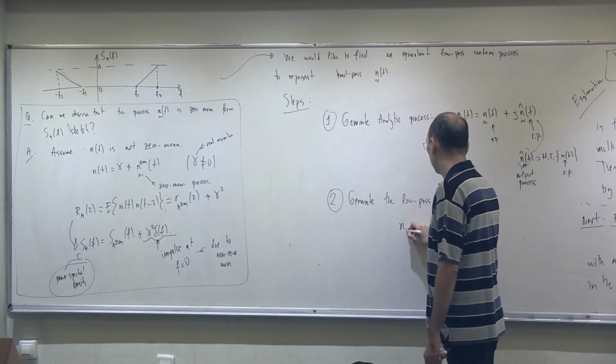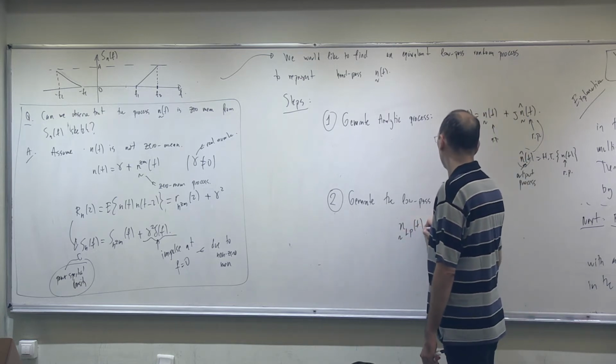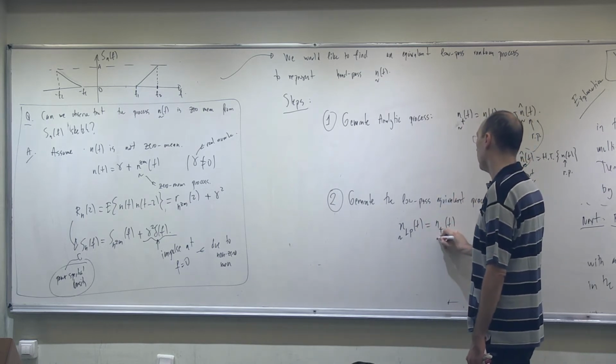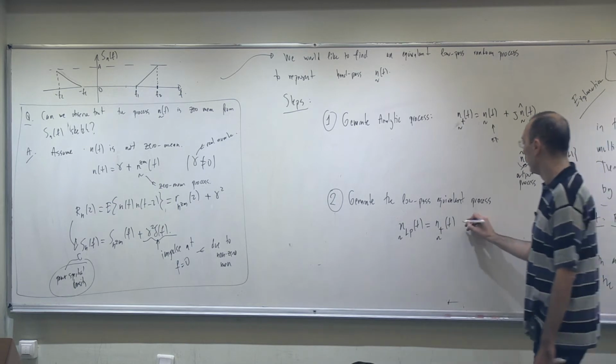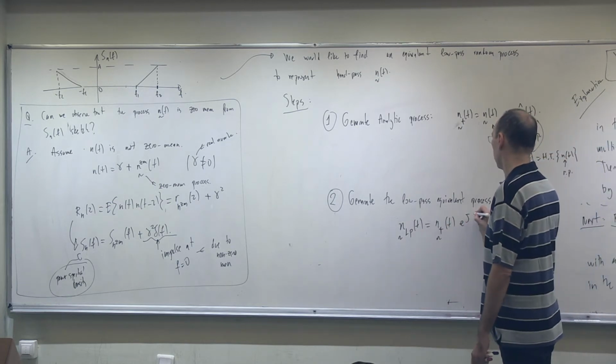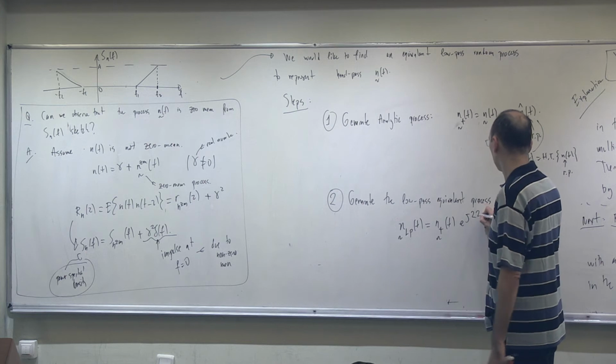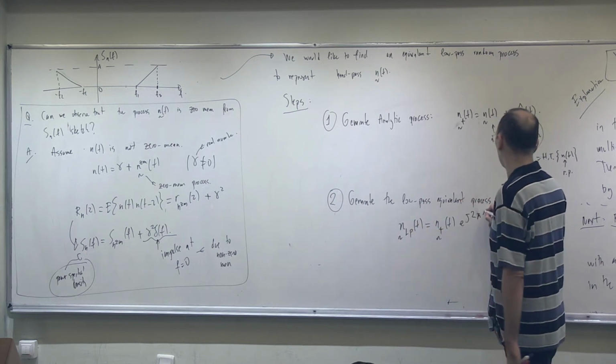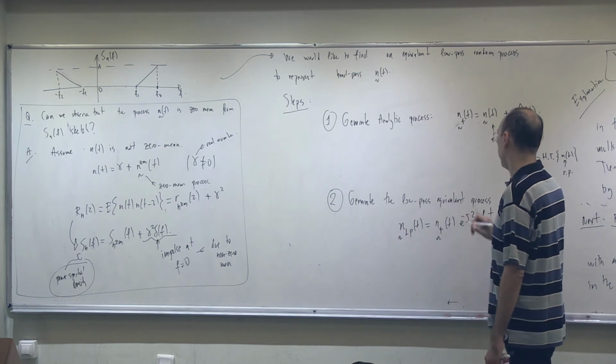So this is N, Lowpass equivalent. This is the analytic process. Okay. So I need to shift this to the left, as we did. So I need a minus sign over here.